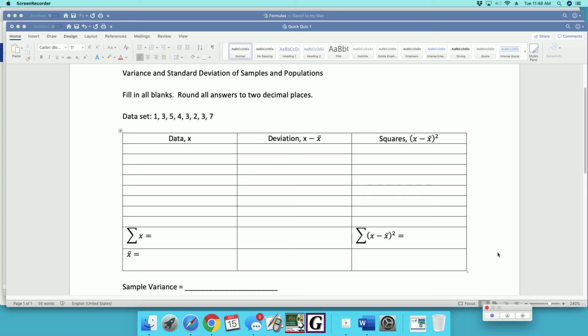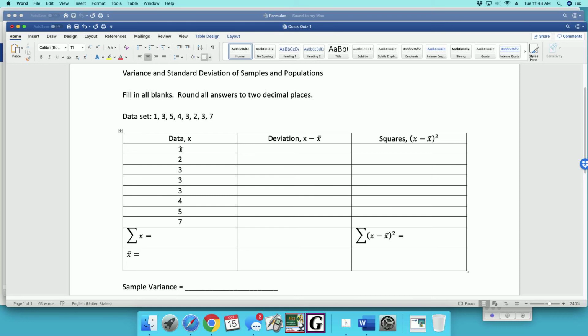All right, so we have a data set. My data set is 1, 3, 5, 4, 3, 2, 3, 7. So we're going to put the data in our spreadsheet: 1, 2, 3, 3, 3, 4, 5, and 7.